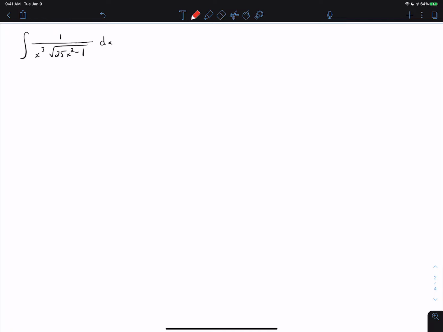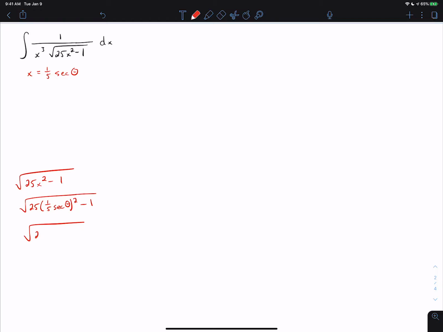Okay, so on this problem, we're going to choose for x to equal 1/5 secant theta. 1/5 because I want to cancel 25 and end up with 1. Secant theta because I know I'm going to end up with a trig function squared minus 1. We do the square root on the side. So the square root of 25x squared minus 1 can become the square root of 25 times 1/5 secant theta squared minus 1.